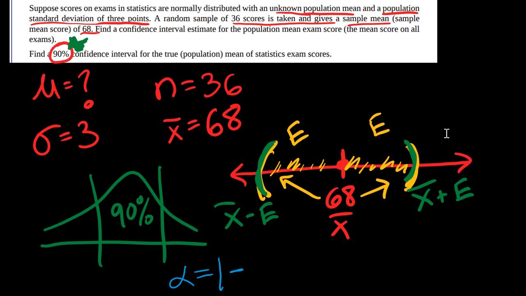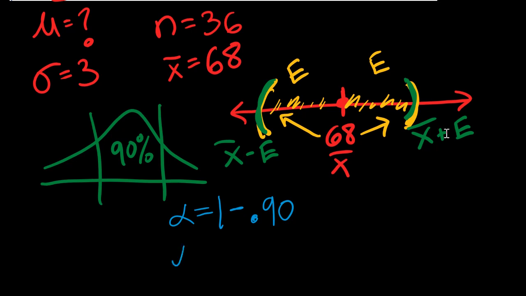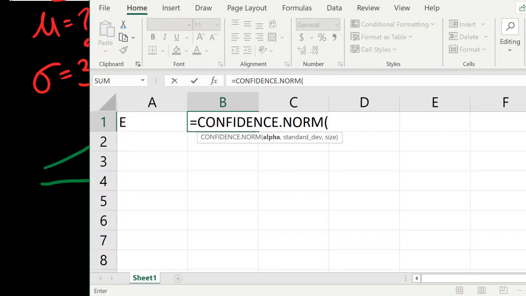Go ahead and change the percentage into a decimal, so 0.9. So alpha is 0.10. Let's go back into Excel. Alpha is always 1 minus your confidence level, so 0.10. Then write a comma.